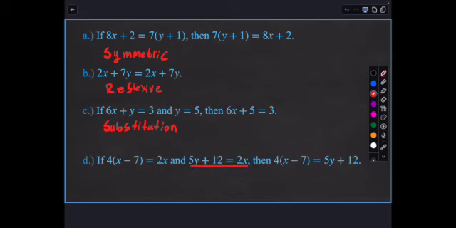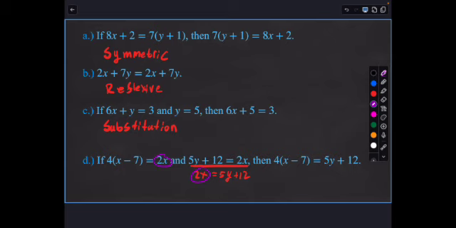Isn't that the same as 2x equals 5y plus 12? Okay, well, if that's the same thing, then now we know, because they both have the 2x in common, that we can just put the transitive property to work and cut out the middleman. So we end up with just the outers. So that's why I kind of say it's a mixture of the two.